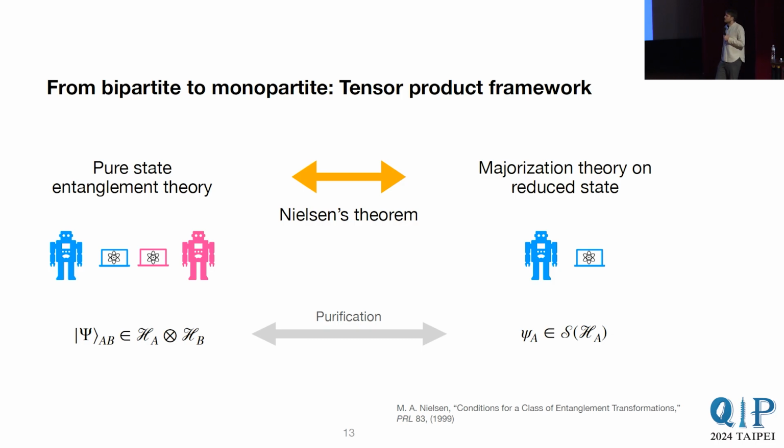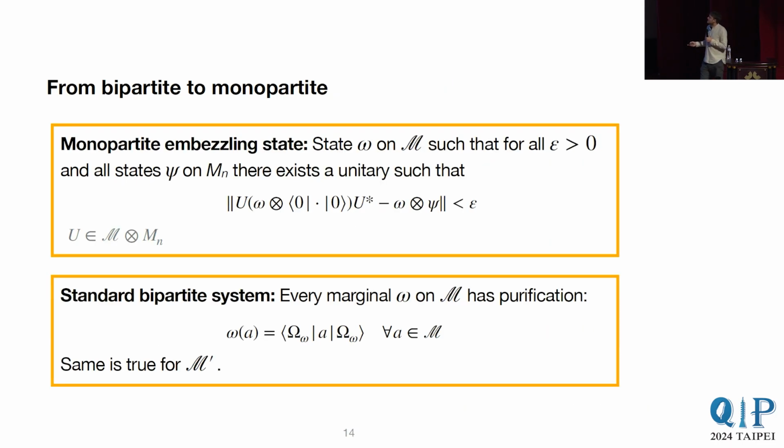Therefore, it's useful to also define a monopartite version of an embezzling state. A monopartite embezzling state is just a state omega on this algebra such that for every error epsilon that you fix and any state on n by n matrices, so basically a density matrix, there exists a unitary that maps omega tensor a pure state to omega tensor psi up to error epsilon. I should maybe say that these norms here you should think of as trace norms.